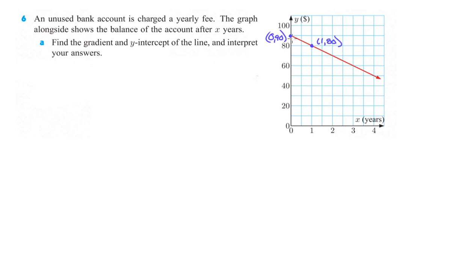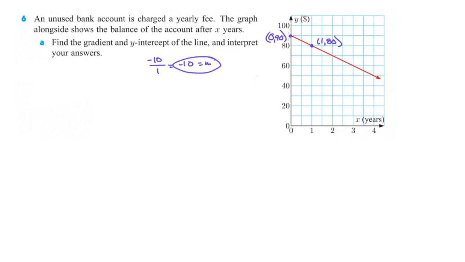So basically we're trying to figure out how far down it goes versus how far over it goes. We could plug this into the point slope formula, or we can just use good old common sense. Always go left to right. From this point to that point, it goes down from 90 to 80, so that's negative 10, and then it goes over from 0 to 1, so it's negative 10 over 1, which is negative 10, which is our slope.